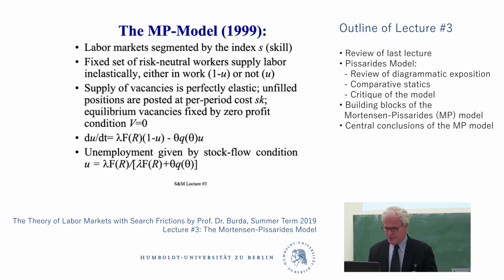Remember, this is normalized to 1, so think of this as the same thing as the employment rate, if you like, but it's really the stock of employment, the fraction of workers that are actually in a job, multiplied by lambda times F, which is the separation rate. Lambda is the incidence parameter from the Poisson process. And F is the time invariant distribution conditional on the Poisson incidence.